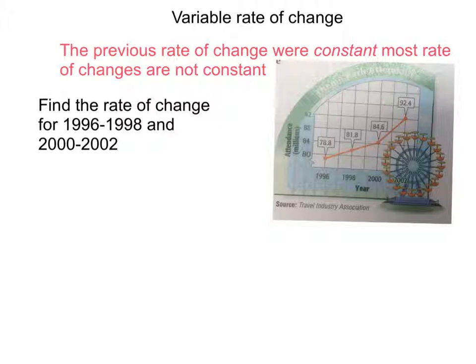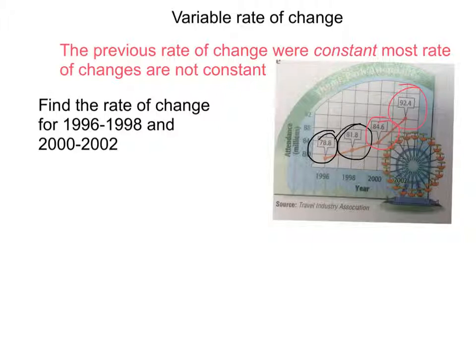So the previous examples that we did showed a rate that was constant. Most rates of change are not constant. So for this example, they're asking you to find the rate of change for 1996 to 1998 and 2000 to 2002. So you want to find the rate of change for 1996 to 1998 first.